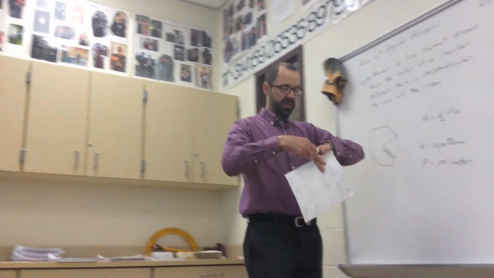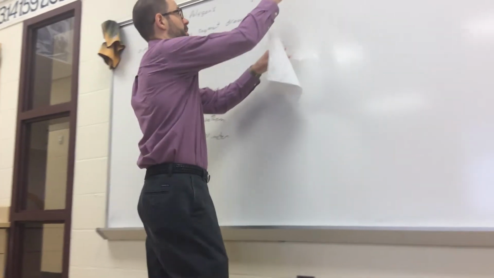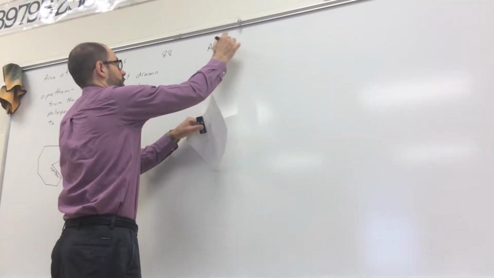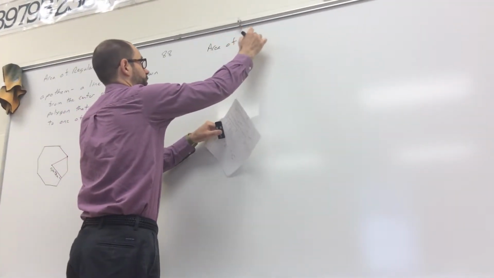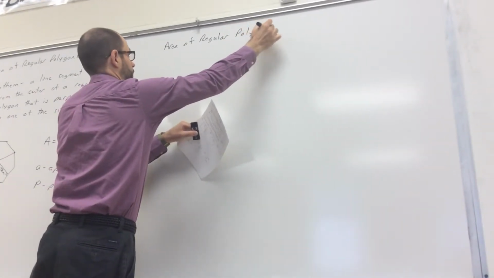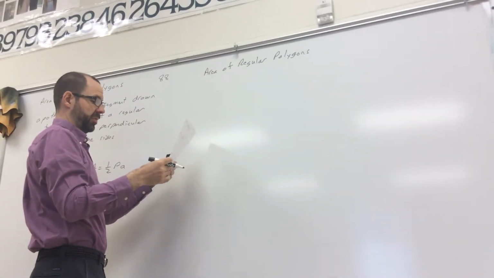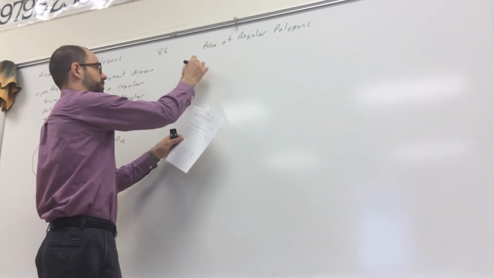The title of the paper is also Area of Regular Polygon. We're going to start with number 6.